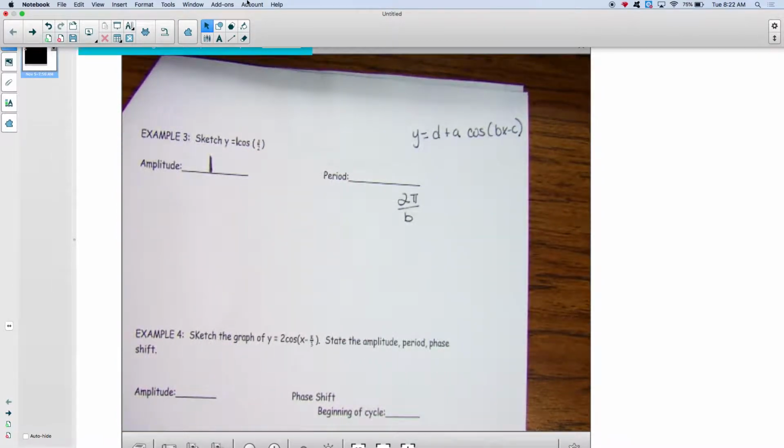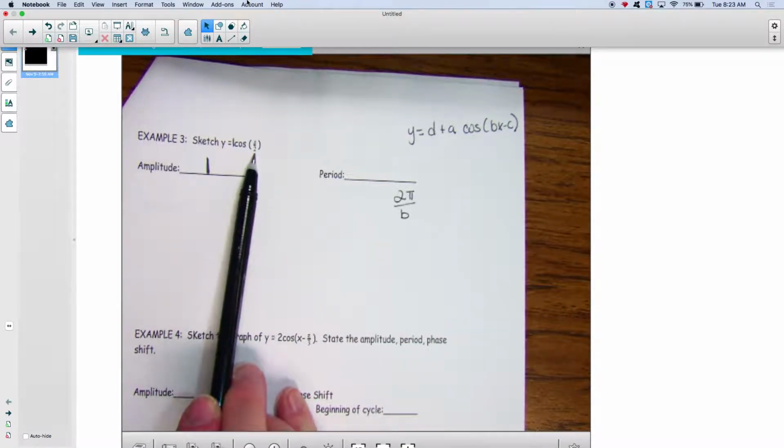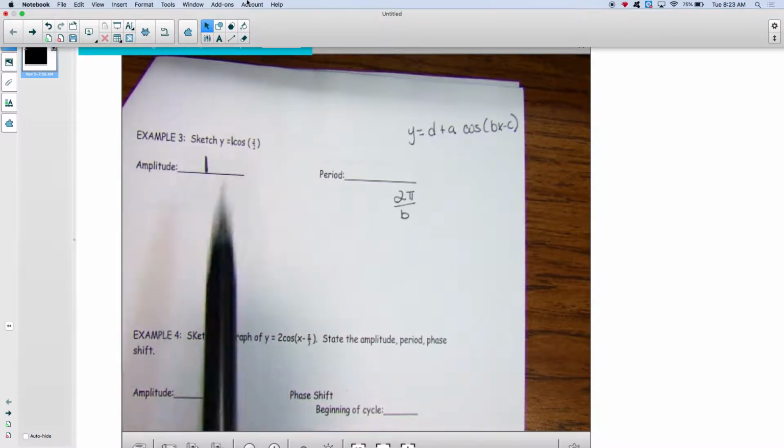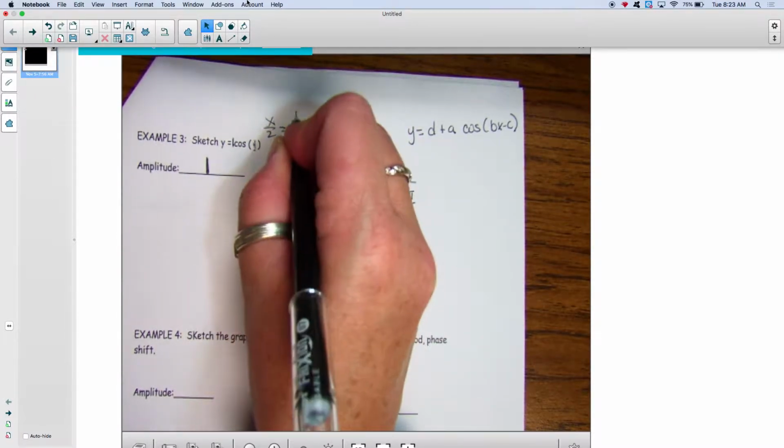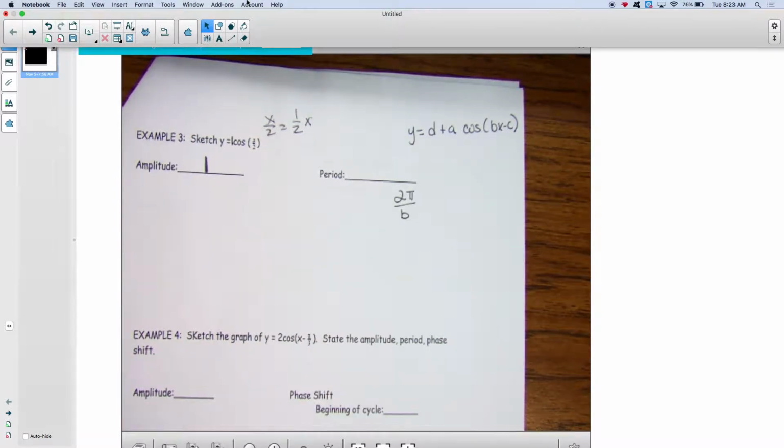We've got to be able to find b. Well, b is the number that's in front of the variable x. This is x over 2. What is the coefficient? It's 1/2. Dividing by 2 is the same as taking 1/2 times x.